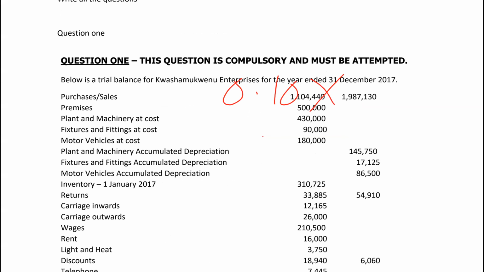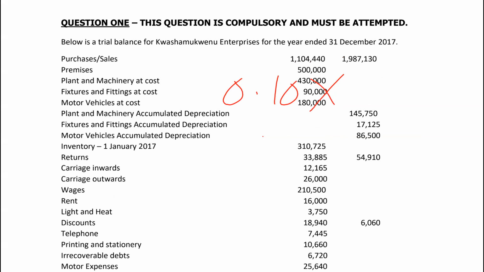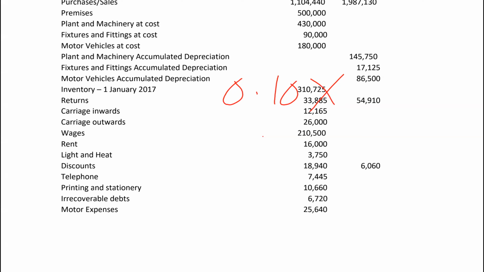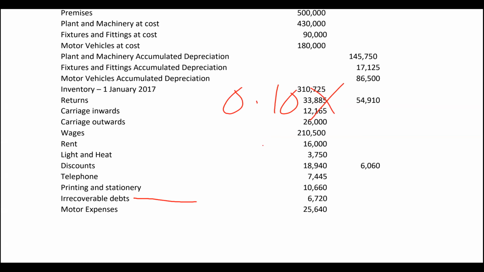Don't multiply with the recoverable debt here. You understand the mistake? You may start thinking the 10% should multiply the recoverable debt. No. The 10% is an allowance on the receivables, so you should multiply it with our receivables.